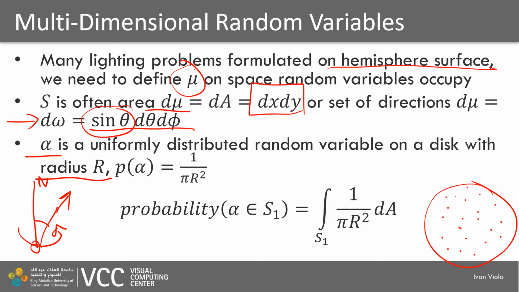So this probability is basically 1 over the area of the disk, and the area of this disk is pi r squared, where r is the radius of our disk. If we perform the integral over the entire disk, the overall integral will be equal to 1, and for a certain subset, a smaller area, our integral will be something between 0 and 1.